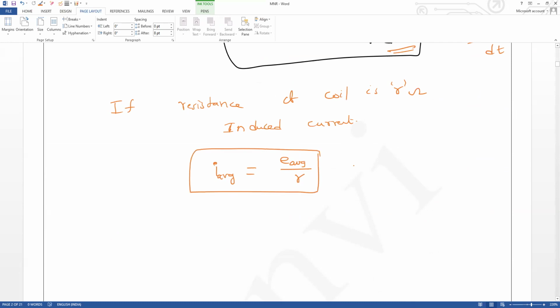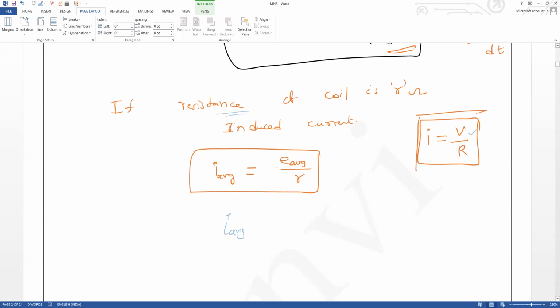Please respond, guys. We all know the formula of Ohm's law: I is equal to V by R. Here V means EMF only. Yes, voltage. And R means resistance.